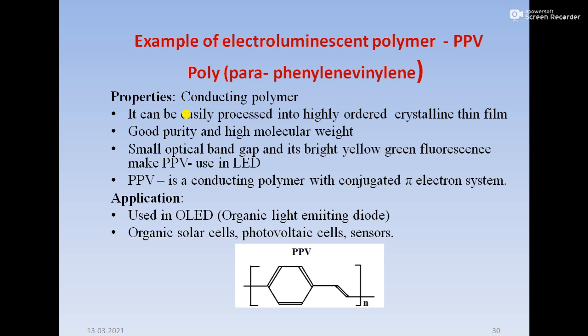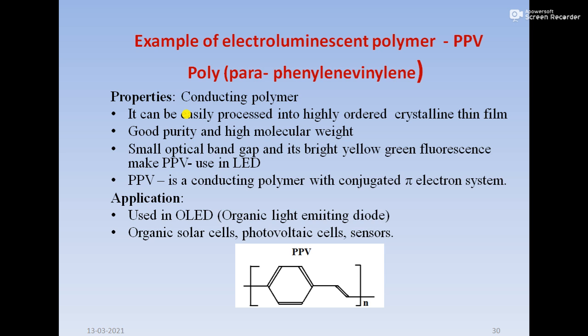Third, small optical band gap and its bright yellow-green fluorescence make PPV useful in LEDs. So the luminescence which PPV gives is bright yellow-green fluorescence. And PPV is a conducting polymer with a conjugated pi electron system.